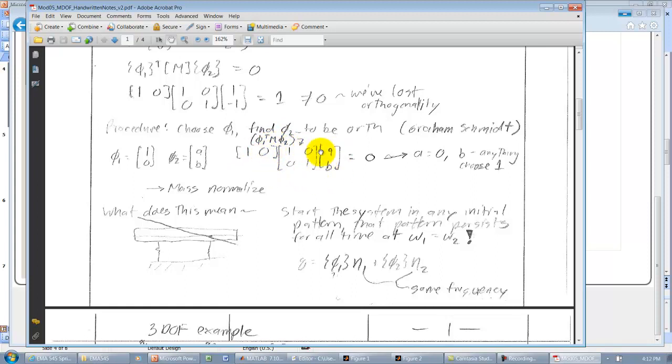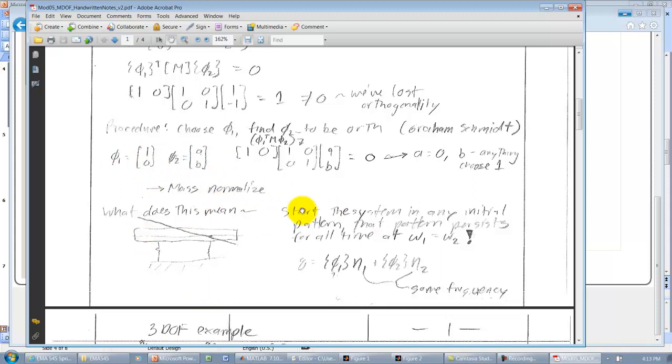If we multiply this out, we get that a equals 0. So this tells us that if we set a equal to 0, we'll have orthogonal eigenvectors. And now we can choose b to be anything we want. We'll set it to 1, and then we could always mass normalize. So now we have two orthogonal eigenvectors, phi 1 and phi 2.